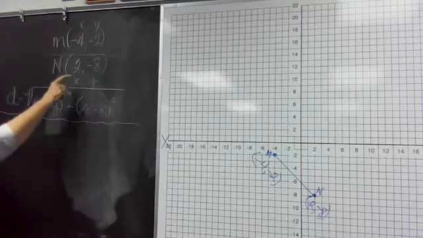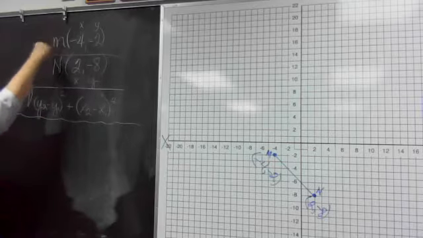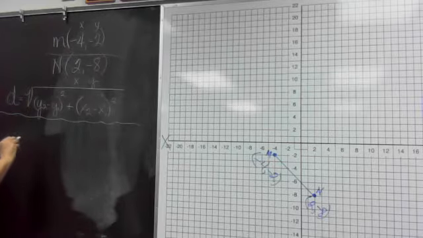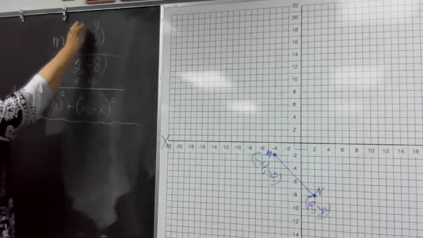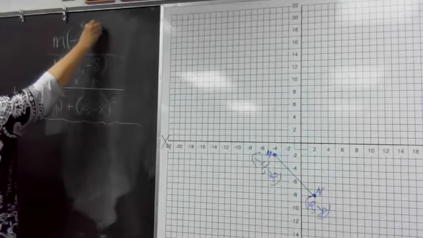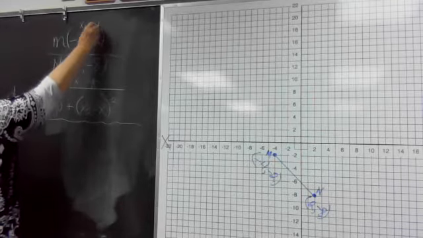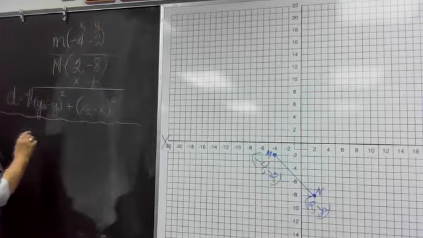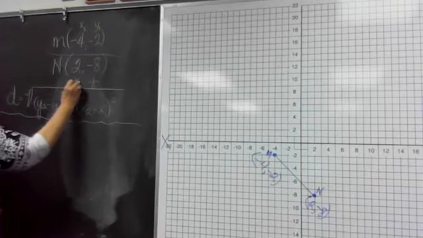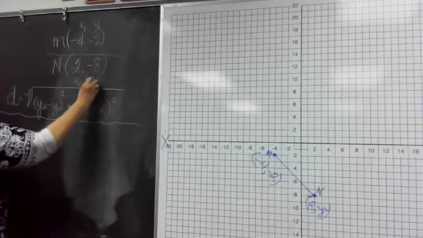So now, since we're going to use these X's and Y's in this formula, we need to be able to keep them separate. So one of these points will be X1, Y1, and the other one will be X2, Y2.